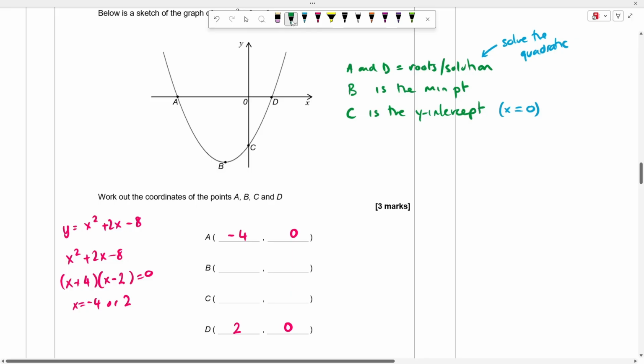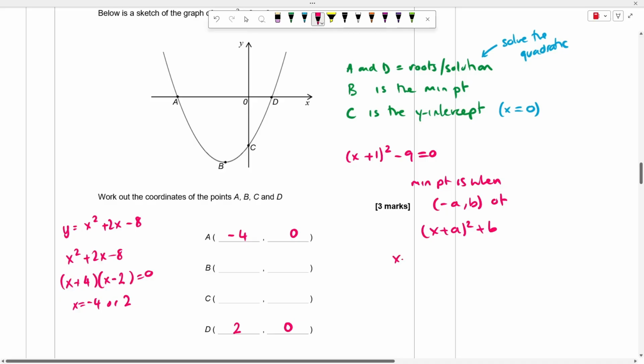Next is then finding out what the minimum point is. Well, they gave us the equation in the format of completing the square. So it's x plus 1 squared minus 9 equals 0. Well, the minimum point is when the equation is in the form x plus a squared plus b.